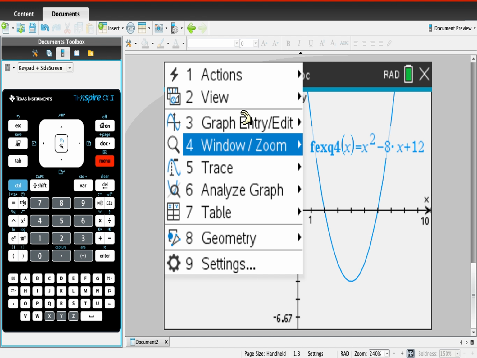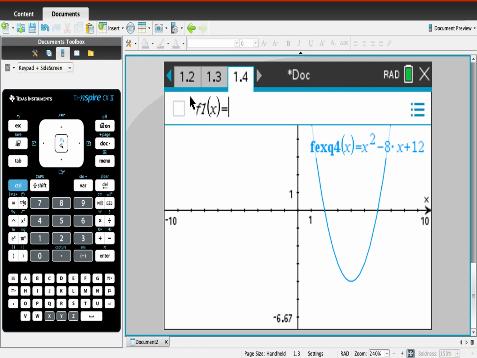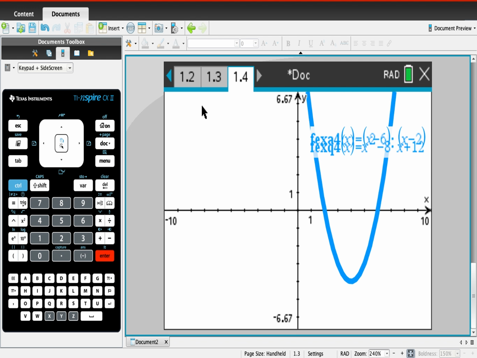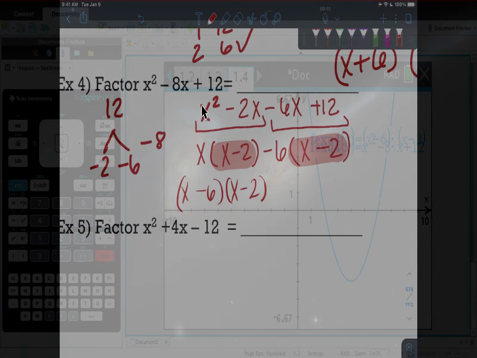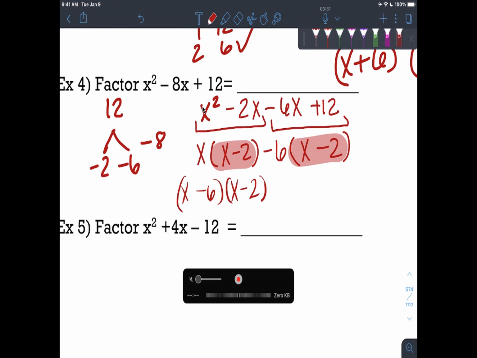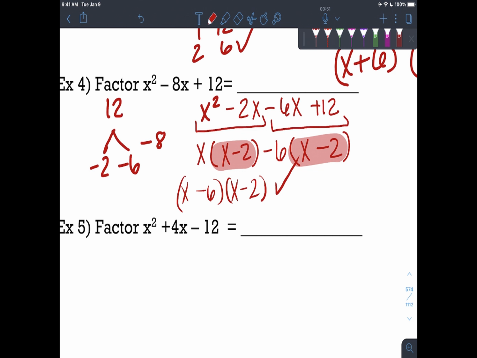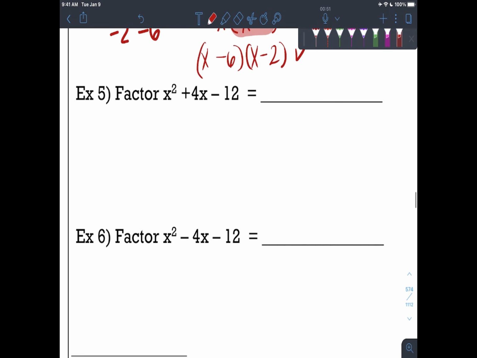Let me go ahead and add a graph that is going to be answer 4. All right, so I'm going to go ahead and add in the factors that we found, and let's make sure that these graphs are exactly the same, and they are right on top of each other. That means that this is definitely my answer. All right, let's look at another one.